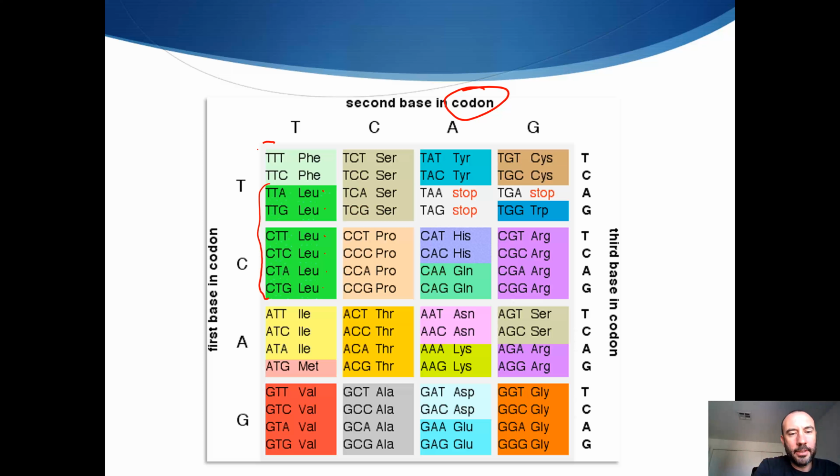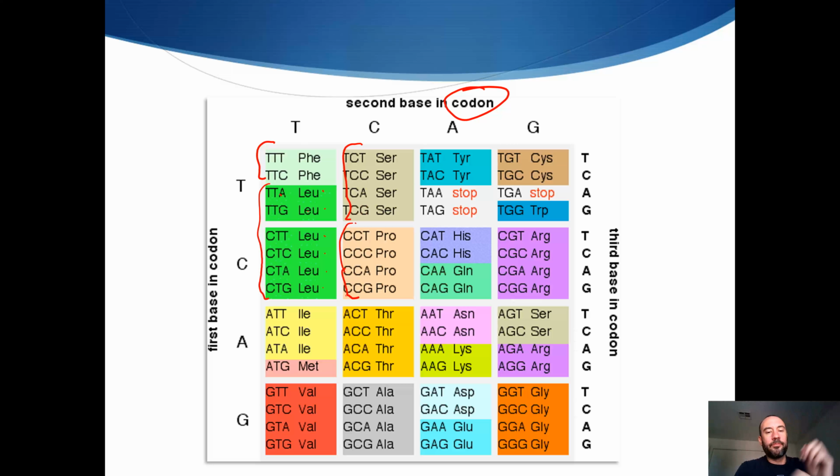And I think this is phenylalanine. This is serine. Okay, this is proline. All right. And what you'll notice is that multiple different codons can make the same amino acid. That's called redundancy. And that's a good thing.